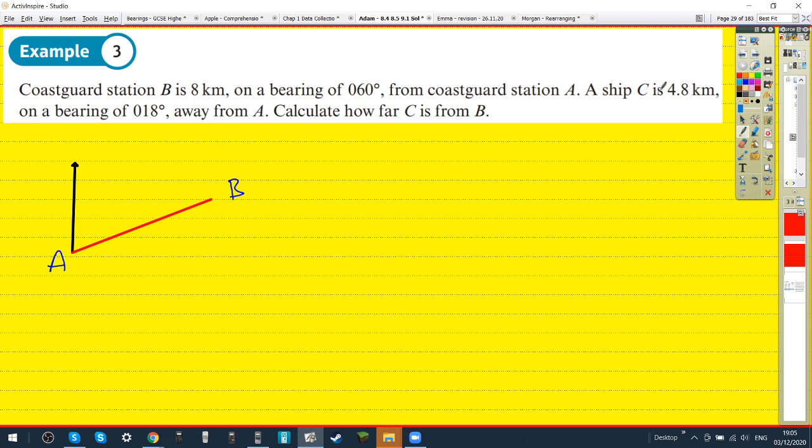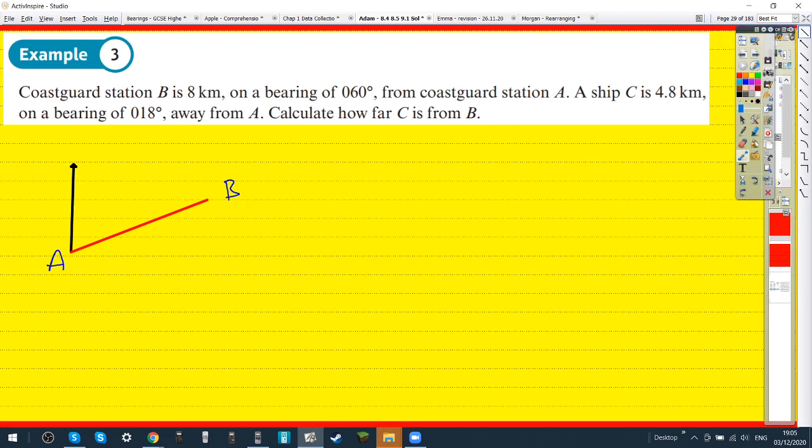Okay. A ship C. How would we do where the ship C is? So is the angle there 60, right? Yep.